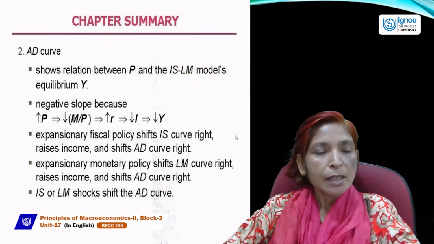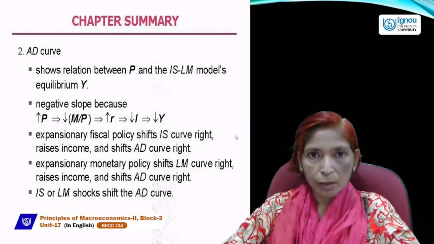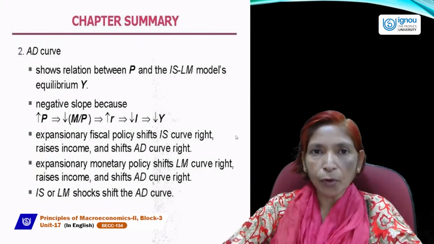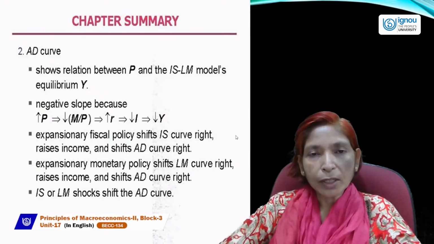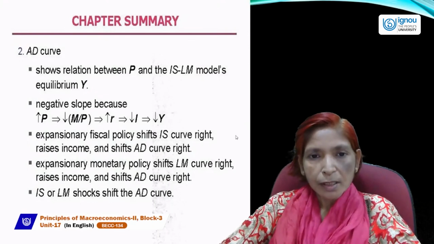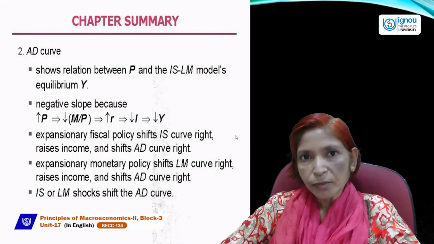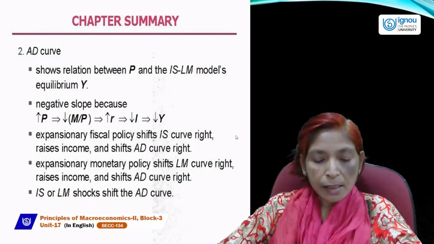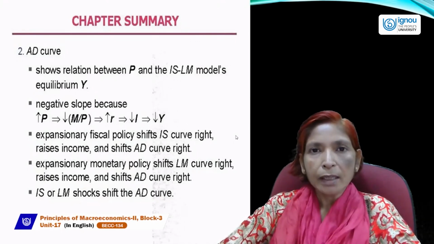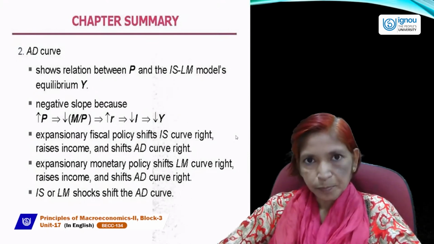Next is the summary of this chapter. Now the ISLM curve is a very important topic of this 134 Principles of Macroeconomics paper. This ISLM curve shows goods market equilibrium and money market equilibrium, and this theory of the ISLM curve was introduced by Hicks and J. M. Keynes.